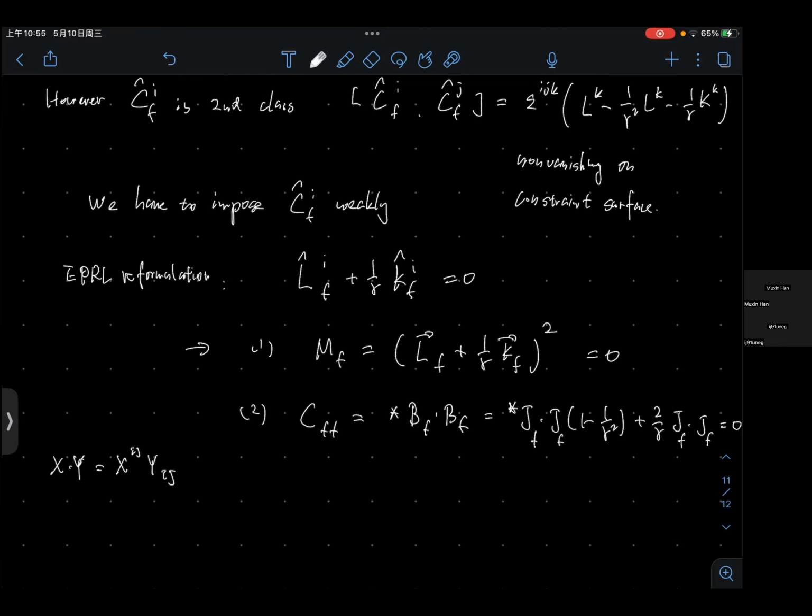As I explained earlier, you can see that there is quite some subtlety in this reformulation. About 10 years ago, there was a huge literature discussing this kind of subtlety.